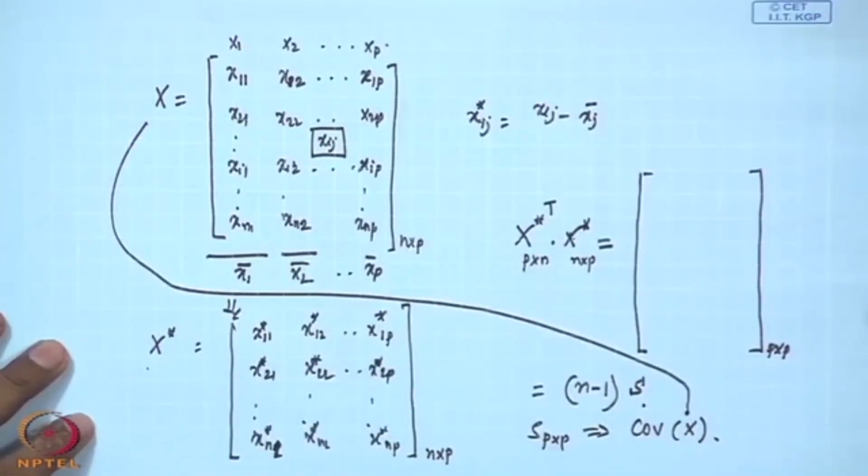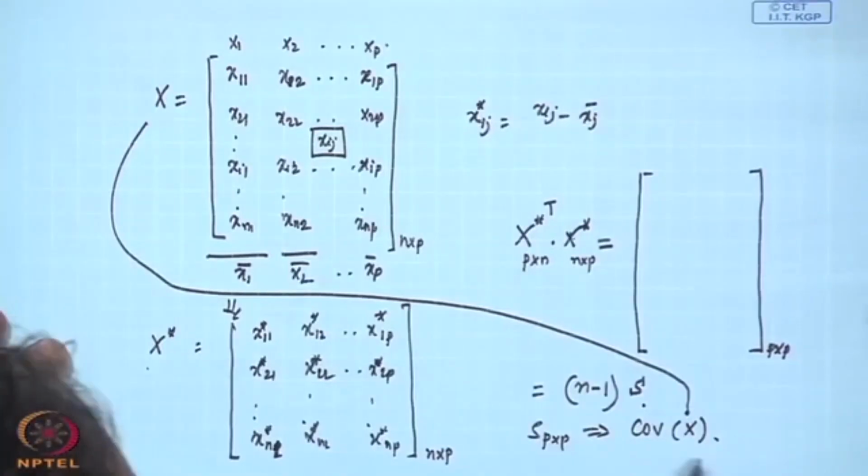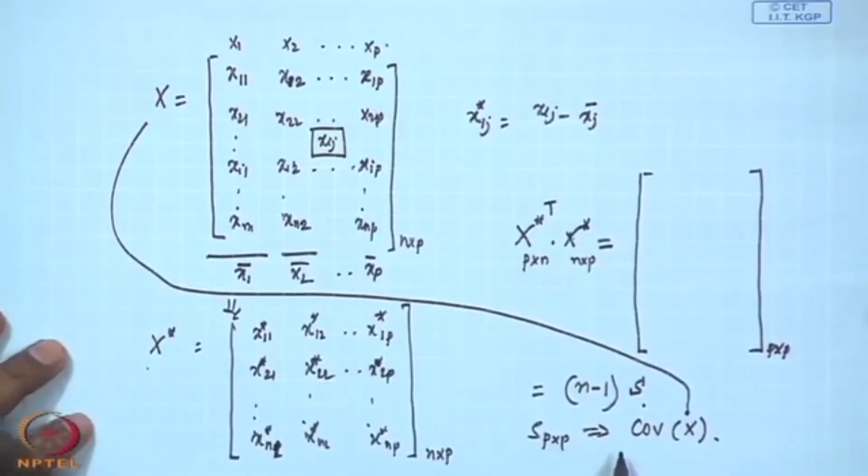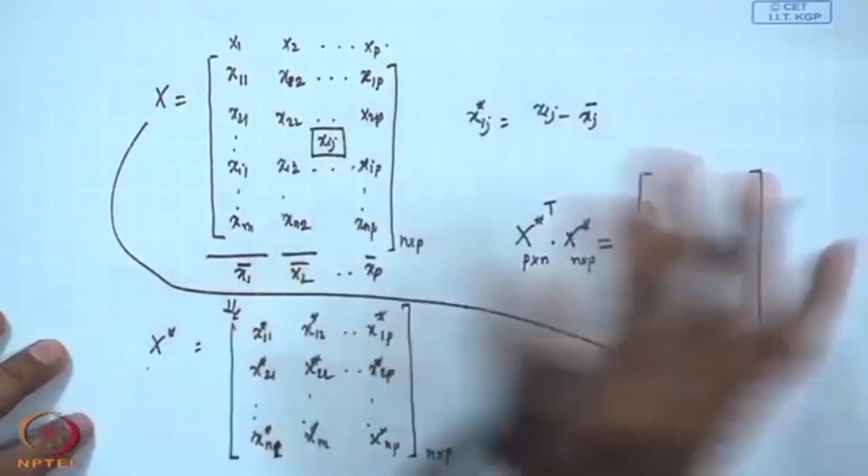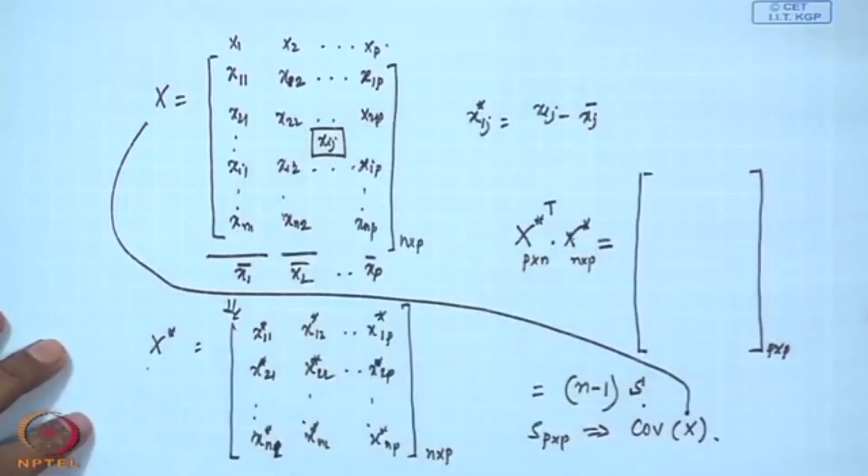So, in matrix manipulation you are able to find the covariance matrix in just one go for all the variables.